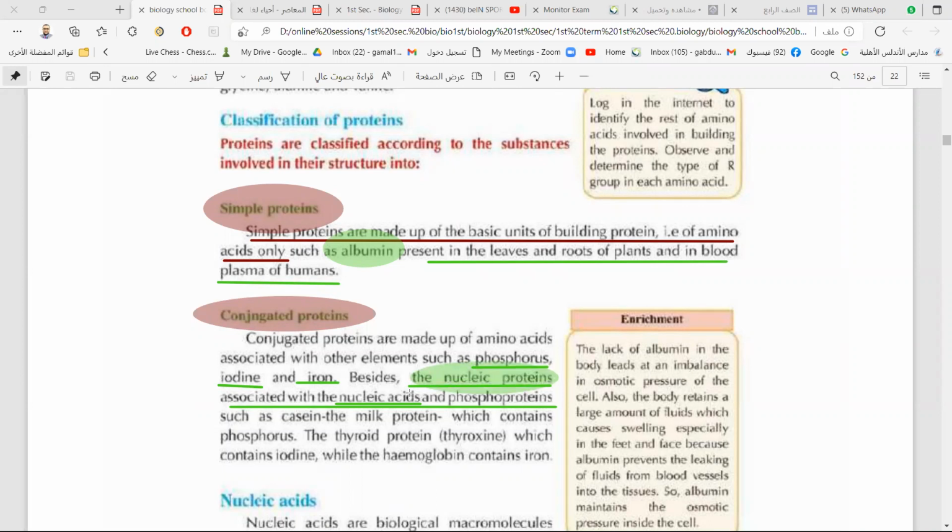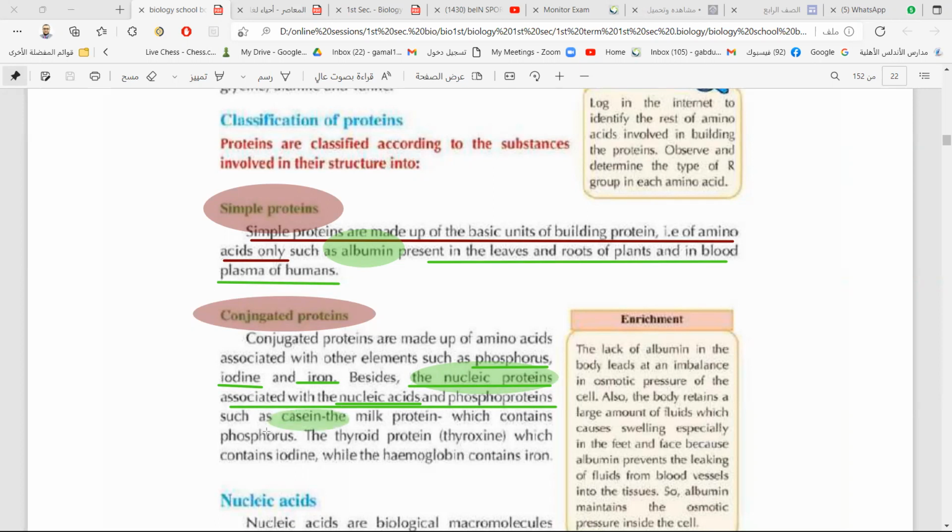The meaning of nucleic proteins: a nucleic acid joined with amino acids. And phosphorus joined with amino acids makes, for example, casein protein, which is found in milk.